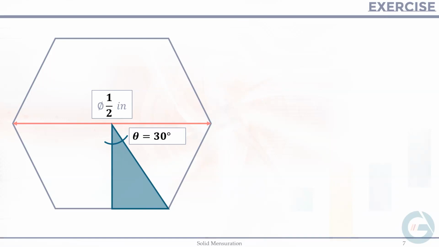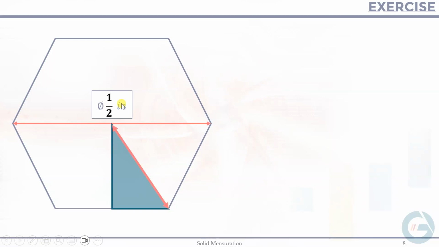The next value we will calculate is this A. This is called the apothem of the polygon. To calculate A, we need the length of this hypotenuse. First we need to analyze this hexagon. If this distance from vertex to vertex is 1/2 inch, then the hypotenuse from center to vertex is half of that.